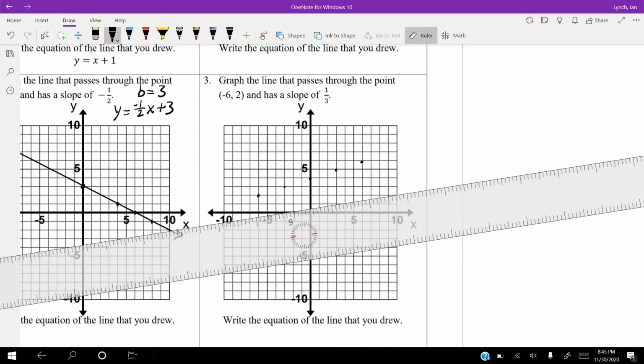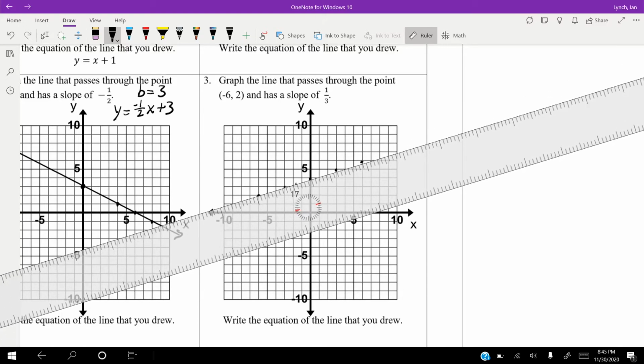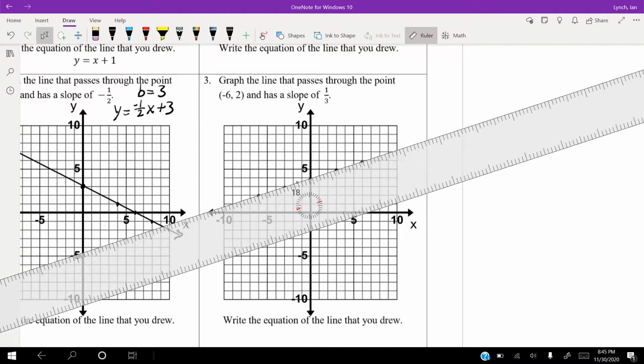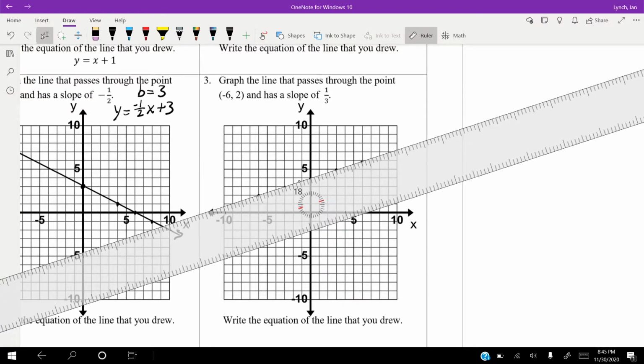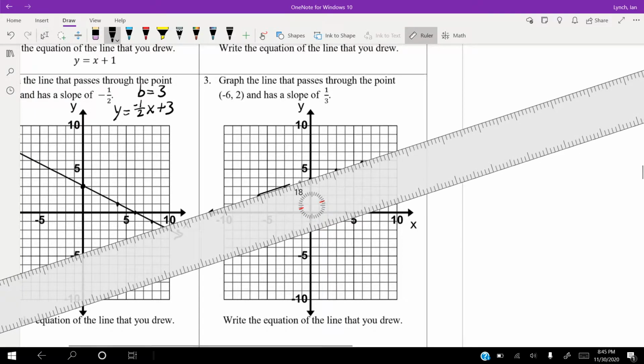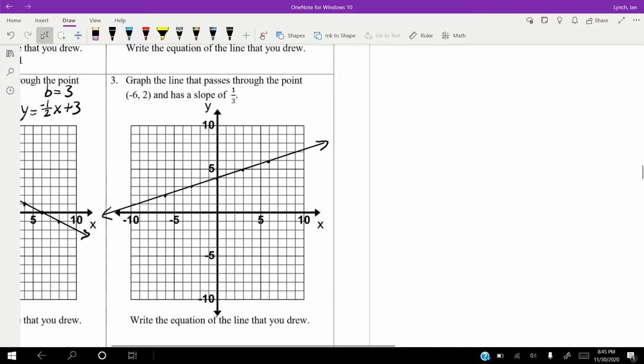Pull out my handy dandy ruler here. I don't know how well that was, but it works. And there's our line.